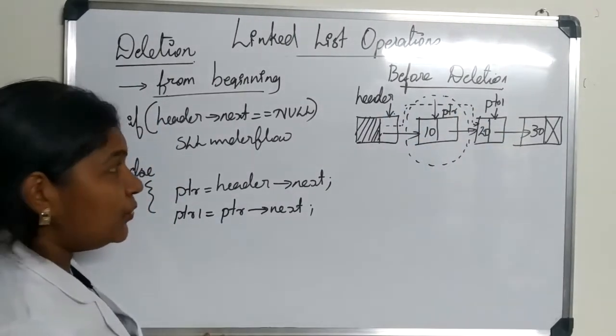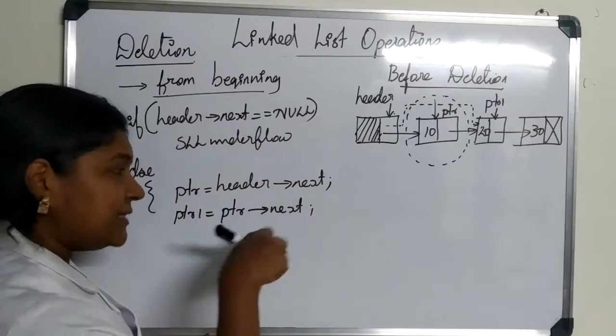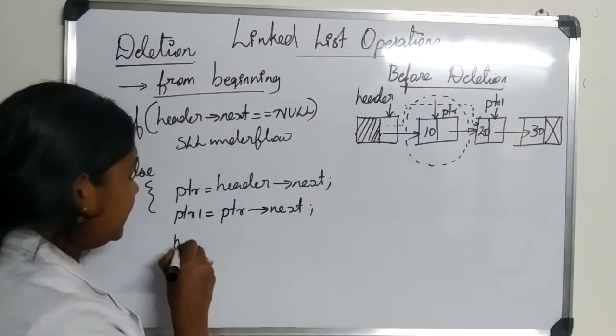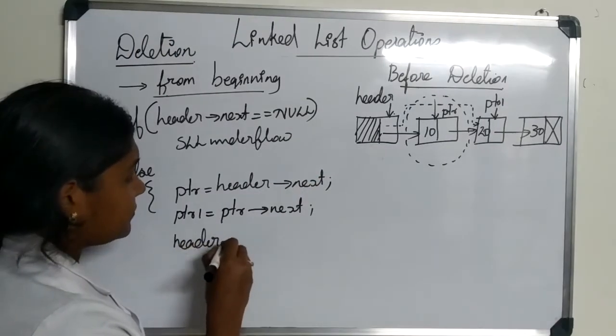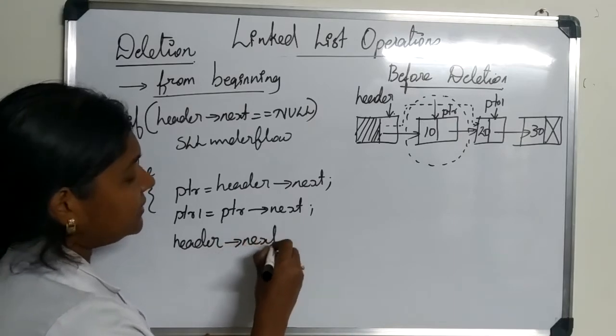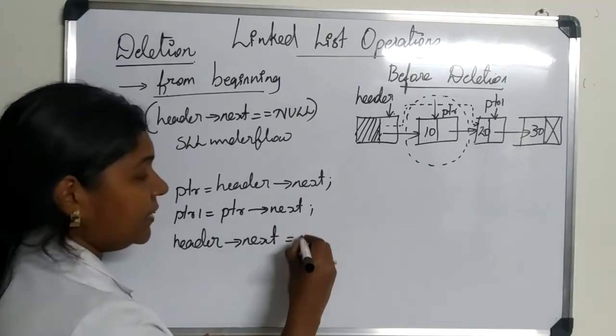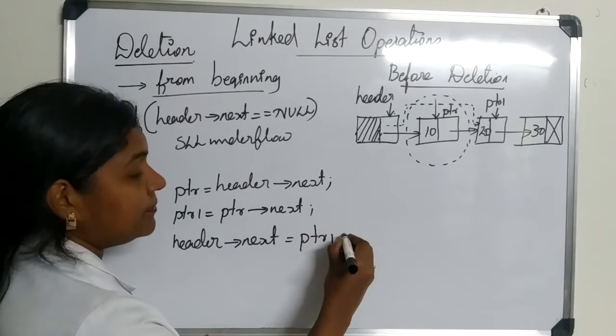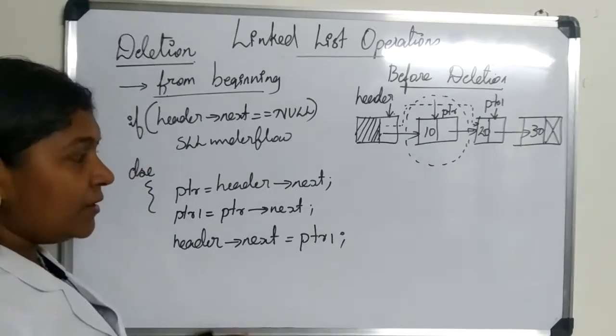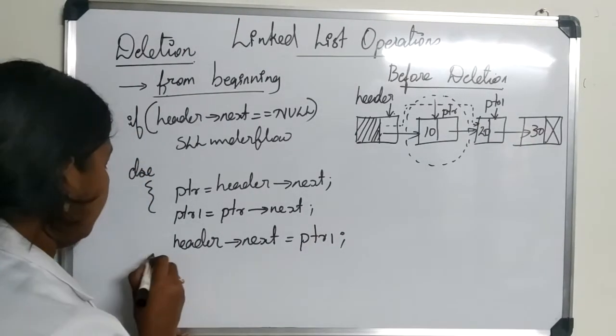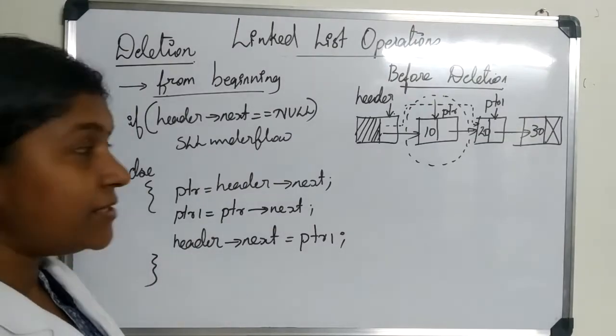Now what we can do next is resetting the pointer, that is header dot next is equal to PTR1. Okay, now things are clear. So that's all. This is the first case.